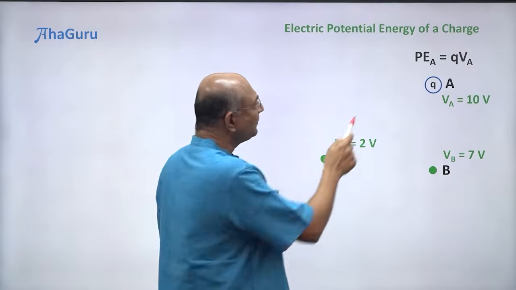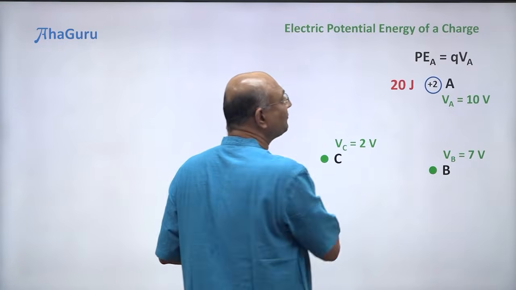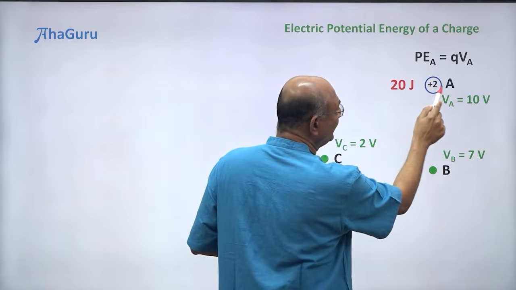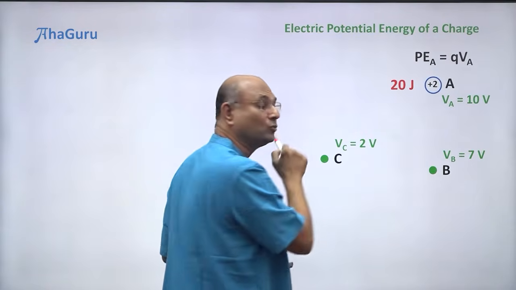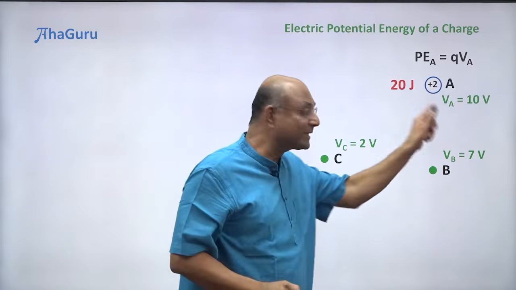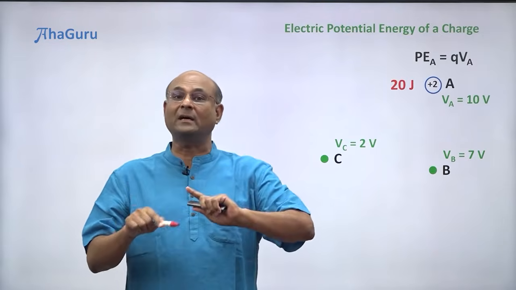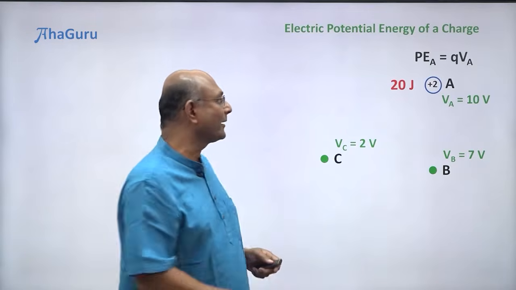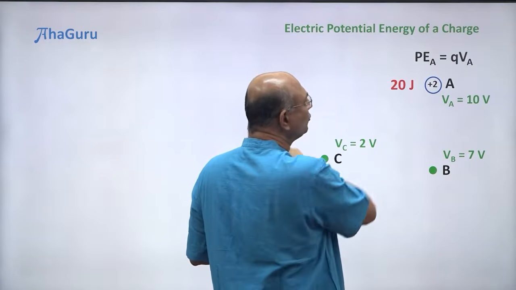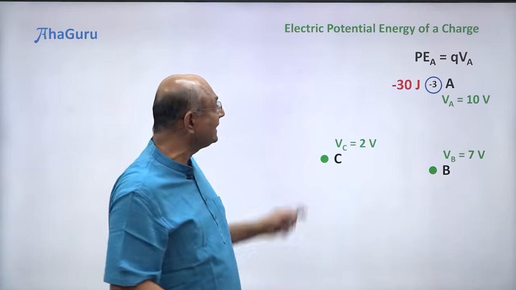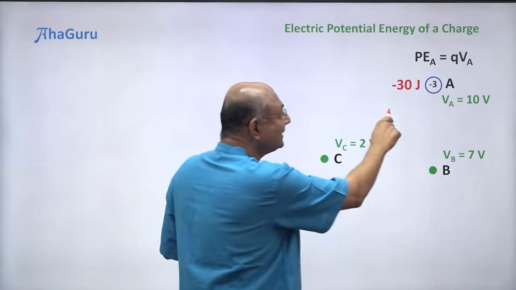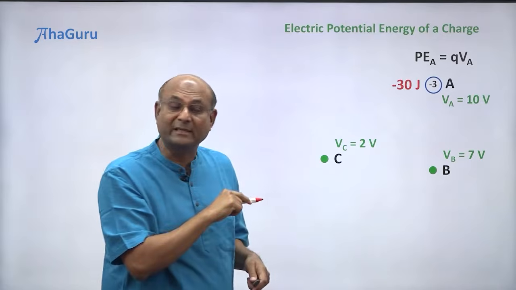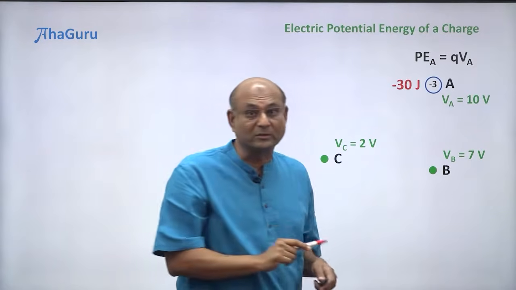So suppose I had a charge of 2 coulombs. Then the potential energy will be 2 into 10, 20 joules. So you can see that the potential at a point is telling us the potential energy a charge will have if it was at that point. Instead of plus 2 coulombs, suppose I had minus 3 coulombs, then minus 3 into 10 is minus 30 joules. So this charge will now have a potential energy of minus 30 joules.